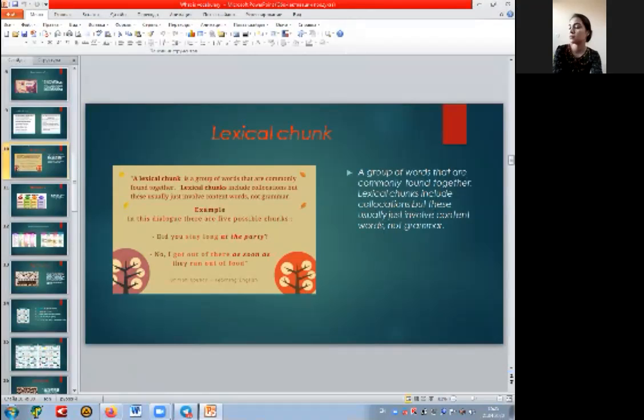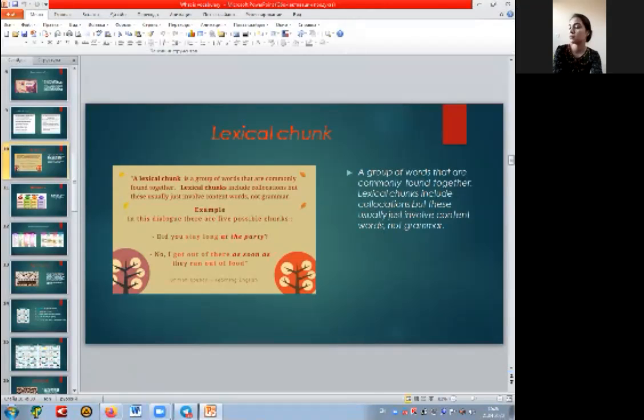Here you can see the example. In this dialog, I have given 5 chunks. Did you stay long at the party? And the word group at the party is called a lexical chunk in our vocabulary system.